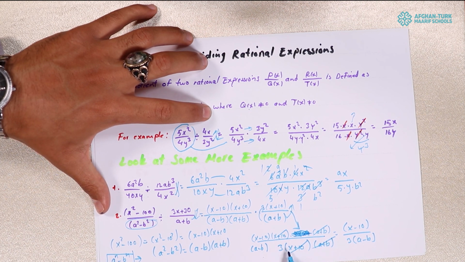And also 3 times x plus 10, because we switched the position of the numerator and denominator, it went to the denominator, and this a plus b is here, the denominator of the second fraction. A plus b with a plus b cancelled, x plus 10 with x plus 10 cancelled, x minus 10 left, and from the denominator we had 3 and a minus b.